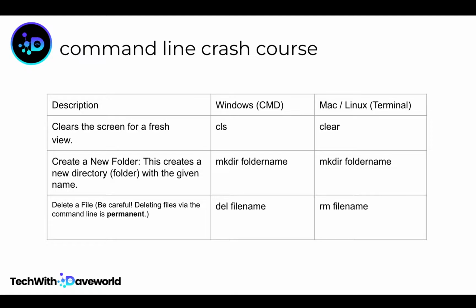The next thing is if you want to delete a particular file on Mac OS, you're going to use rm, then the name of the file. So for example, if I want to delete my readme.txt, for Windows, I'll just type del, then readme.txt. On Mac, I'm just going to type rm, then space readme.txt.